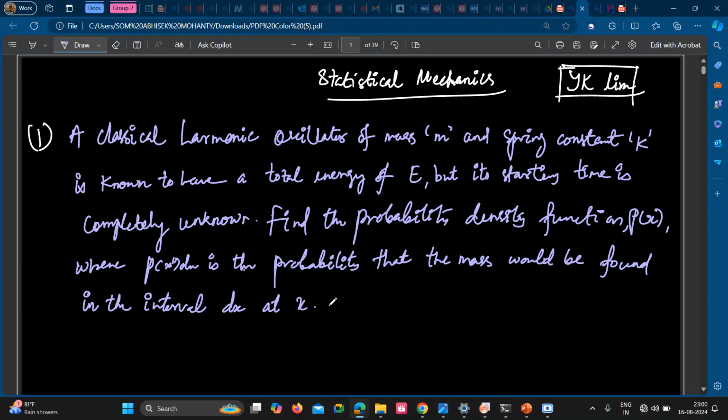Classical harmonic oscillator of mass m and spring constant k is known to have a total energy of E. But its starting time is completely unknown. Find the probability density function P(x), where P(x) dx is the probability that the mass will be found in the interval dx at x. This question was asked in a university exam of MIT, Massachusetts Institute of Technology, one of the best universities in the world.